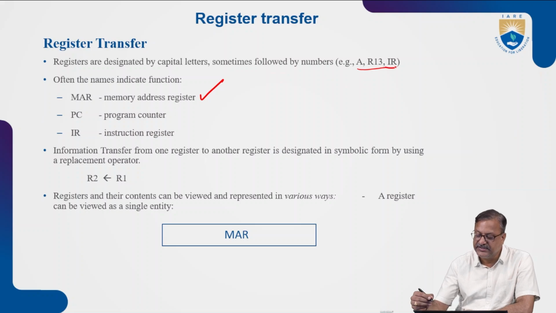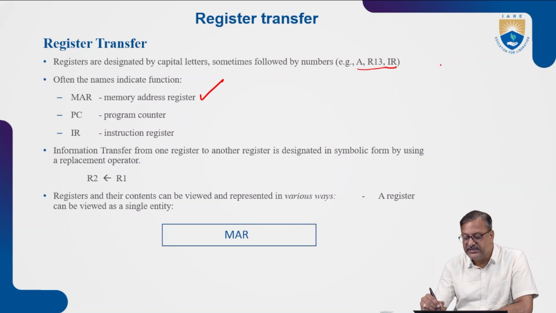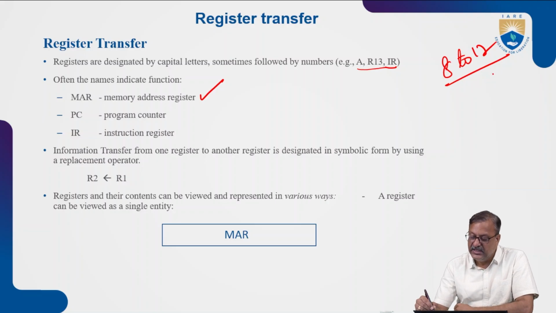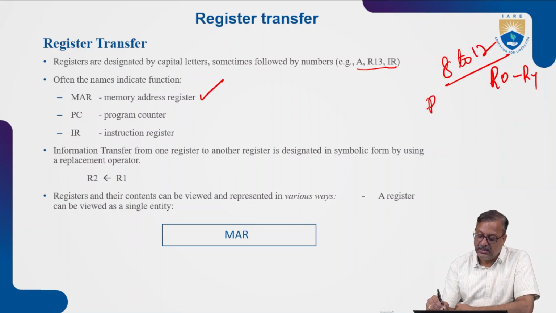As I just defined, registers may be present in the micro operations of a digital system, from A to 12 different ones. Some of the registers I defined: there are 8 basic registers, R0 to R7. That means R0, R1, R2, R3, and so on up to R7.